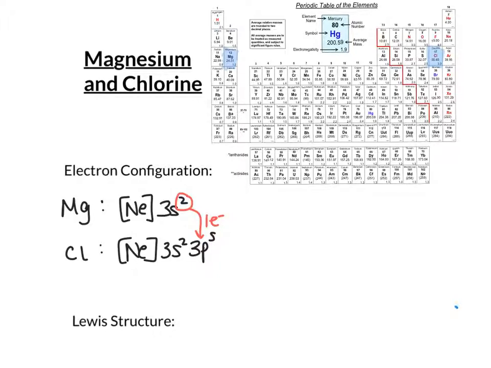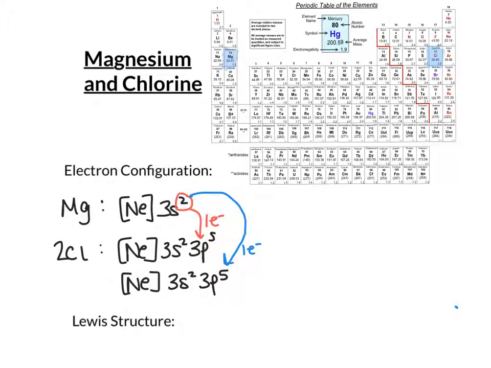What must happen is that we have another chlorine. So we're going to make that 2 chlorines. So another chlorine is coming in. Again, 3s2, 3p5. Okay. And the other electron from the 3s in magnesium is going to come down here to 3p in chlorine.